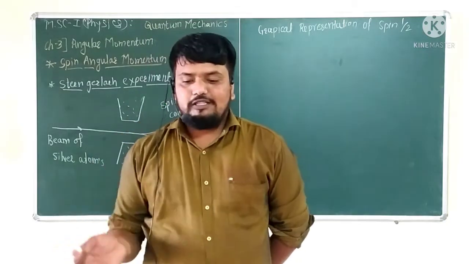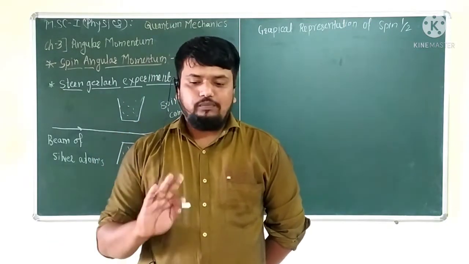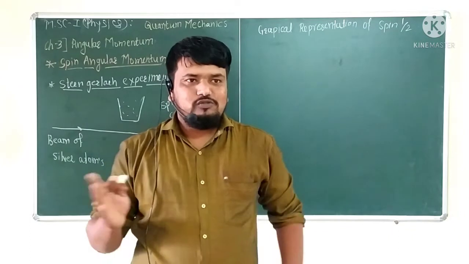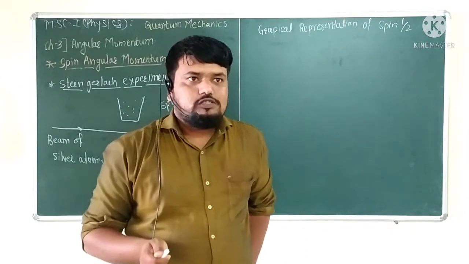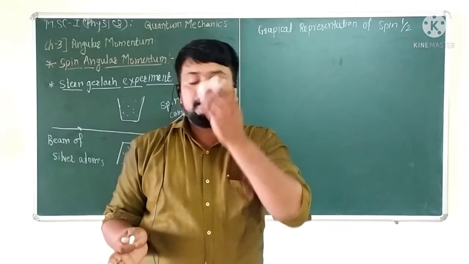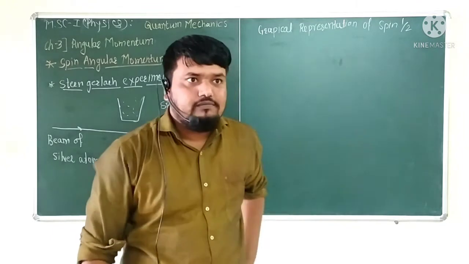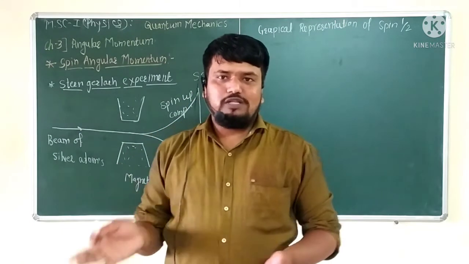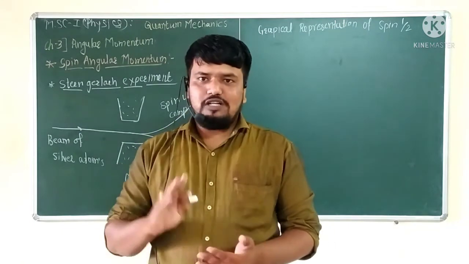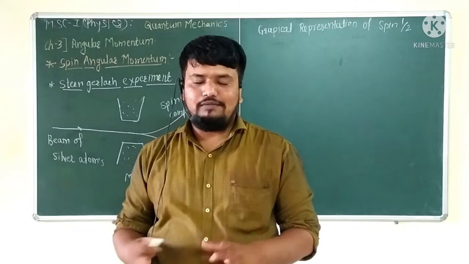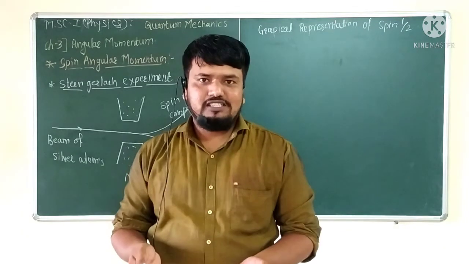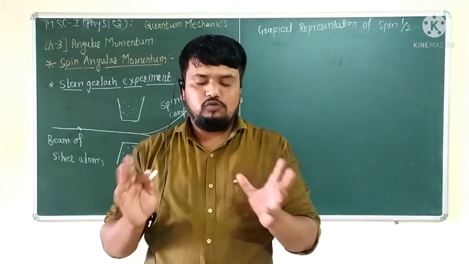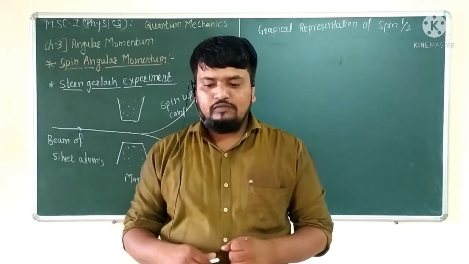If we consider the tip of the S bar lying on a circle, we have to know that the spin value is considered as spin half. The spin up value is half and the spin down value is minus half. This is only a consideration, only the theory.